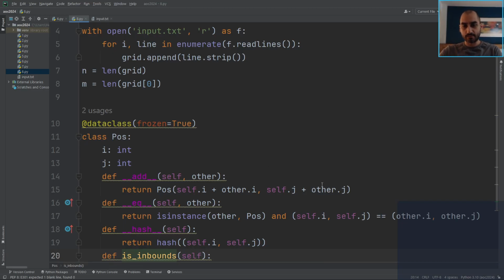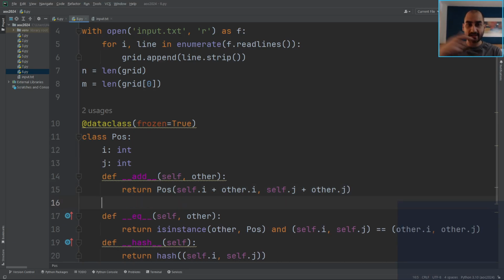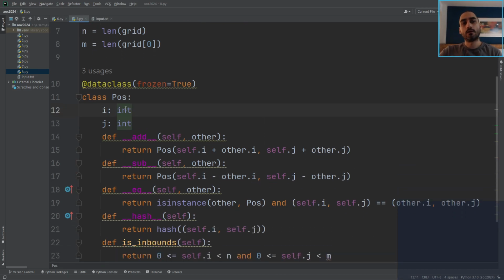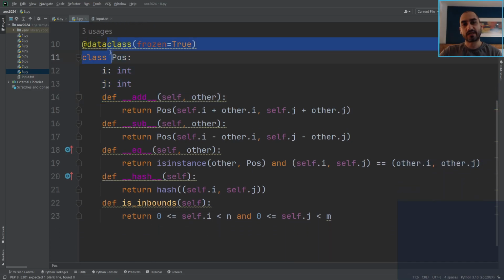We could even have subtract, because we take a vector, we add it, and subtract it to get the other way, I suppose. So that's how we handle a vector.